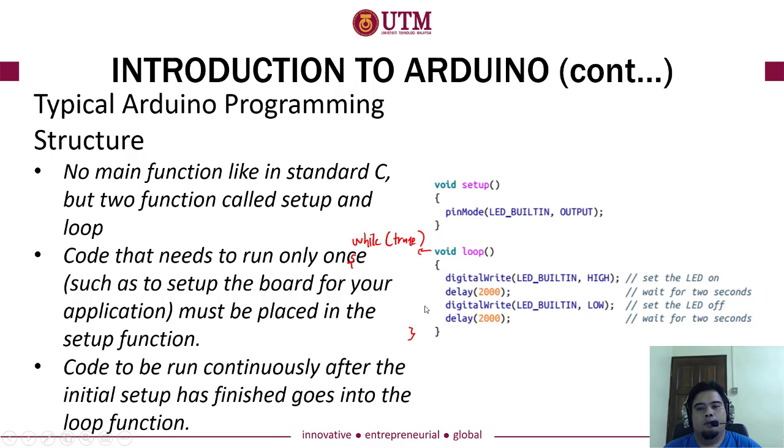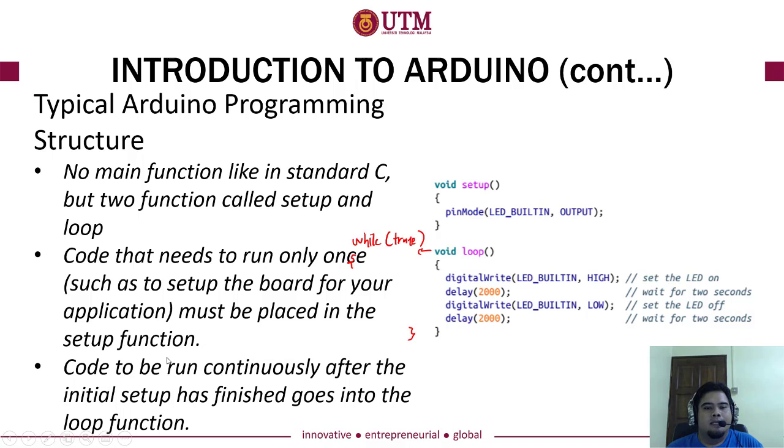So in Arduino, the structure only has two functions: one is setup, another one is loop. In general, setup is used to initialize anything. If you want to initialize anything, you must put it here, because as we described in this slide, the code that needs to run only once must be put in the setup.